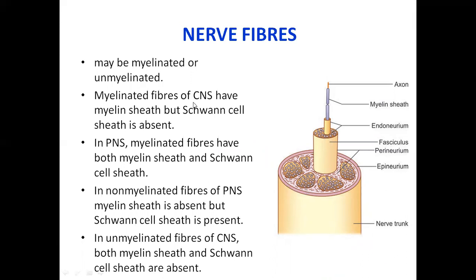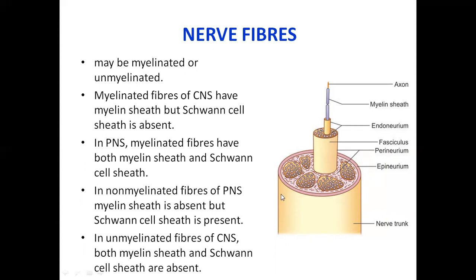So that is the difference between the myelinated fibers of the CNS and PNS. In non-myelinated nerve fibers of the PNS, the myelin sheath is absent, as the name suggests, but the Schwann cell sheath is present. In unmyelinated fibers of the CNS, both the myelin sheath and the Schwann cell sheath are absent.